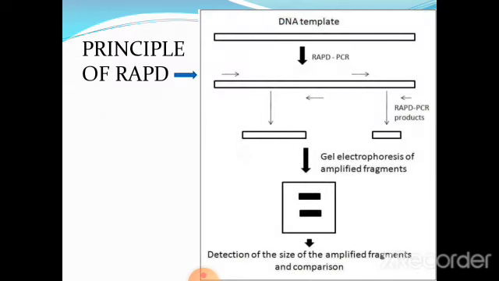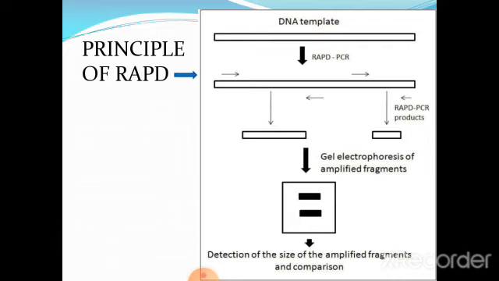Then, what is the principle of RAPD? What exactly is done? In the diagram you can see the DNA template that you are going to subject to RAPD. You are going to put the primers randomly, and then the PCR reaction will take place. So you will get RAPD PCR products.